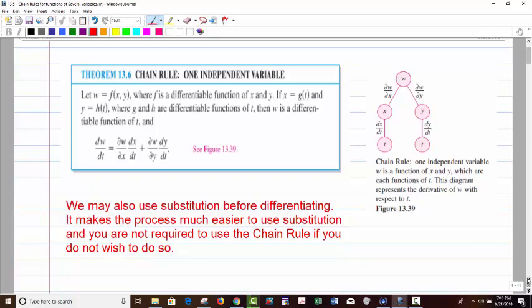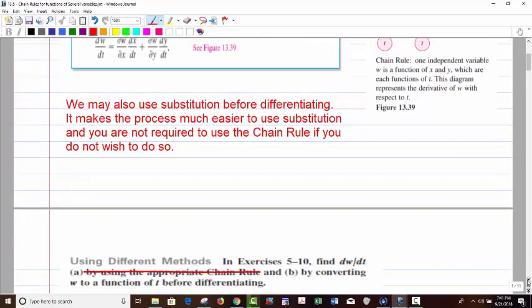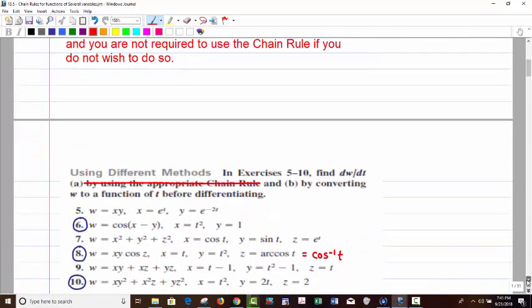So if x is a function of t and y is a function of t, I will just substitute both of those results into this function w, and that way everything will be in terms of t, and you can just take the derivative of w with respect to t directly. Unless it's turned into some big mess, but it shouldn't. At least I won't pick problems that would be that bad.